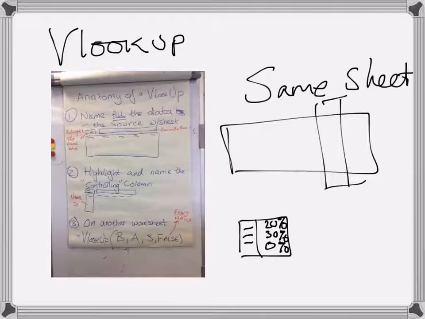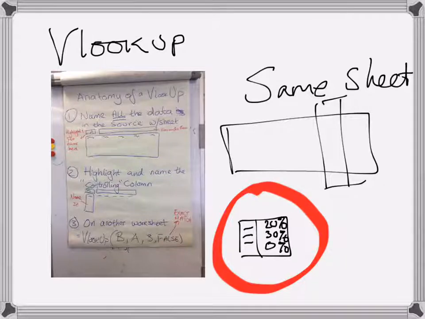In this particular case, the whole source worksheet is actually going to be the A in your formula. And this column is where you want to read the data from. This is as if you were typing in a code.